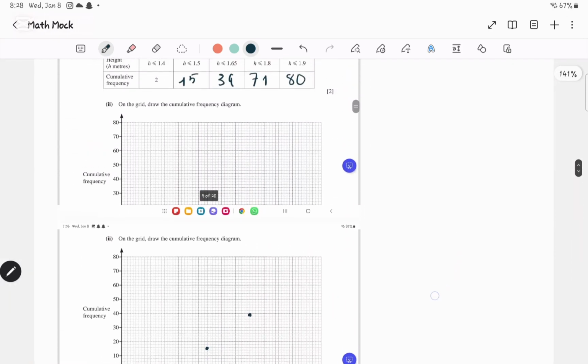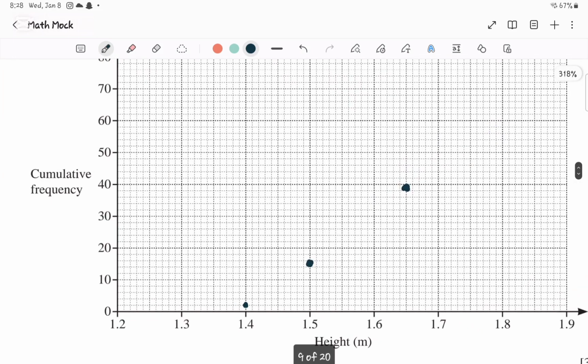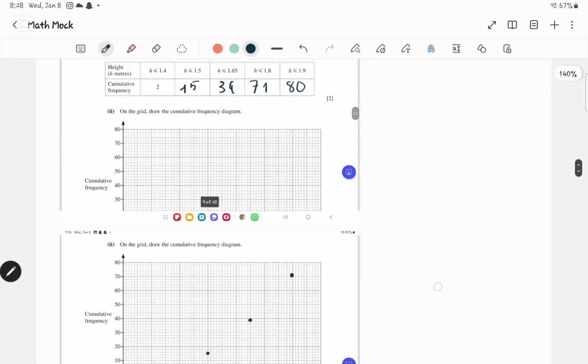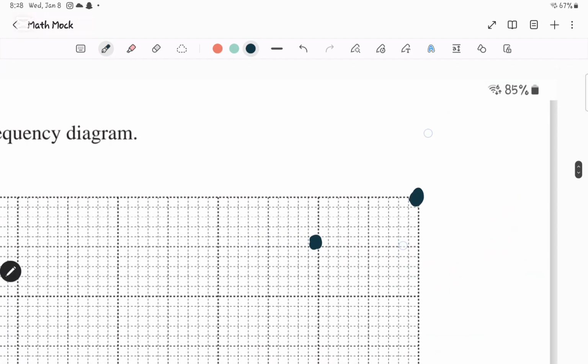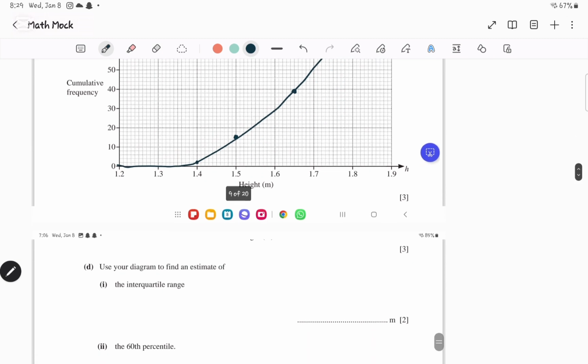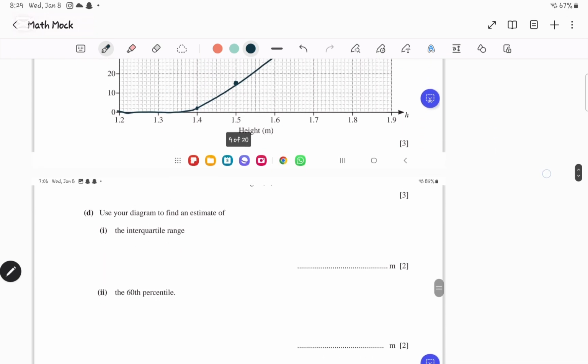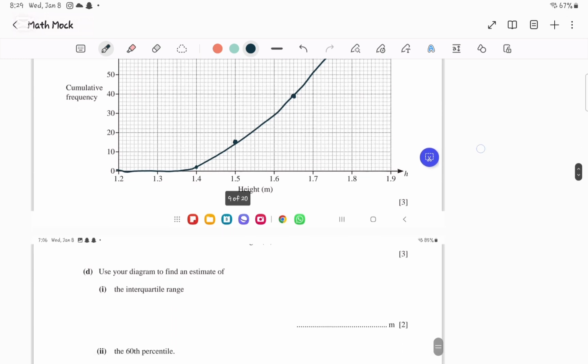Then we have 1.8, which is 71. Then we finally have 1.9 being at 80. To draw the curve, we will start like this and we will go up. This is our curve.